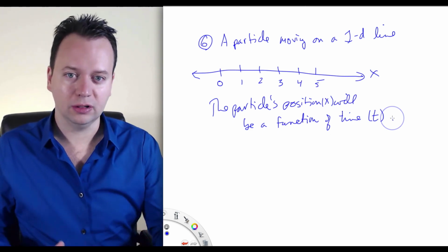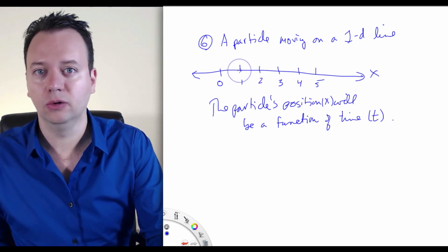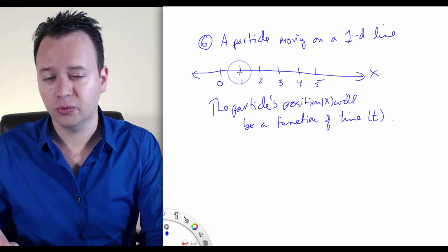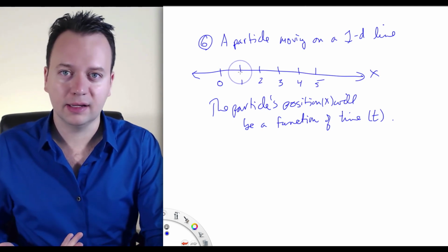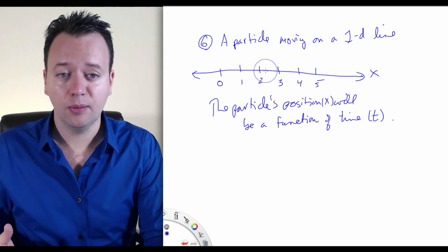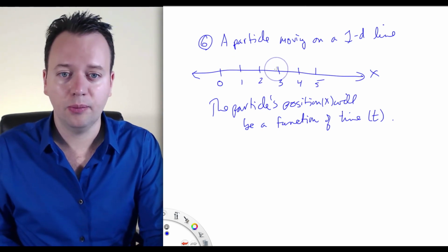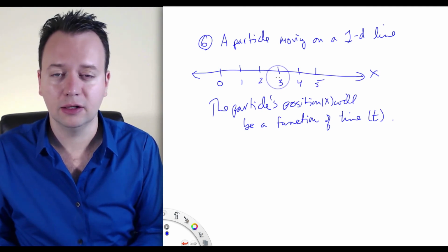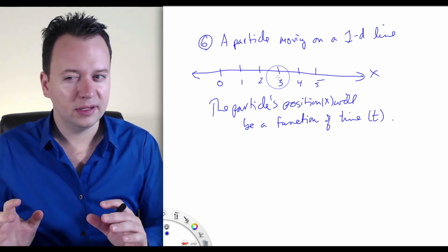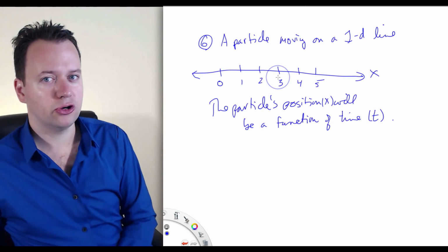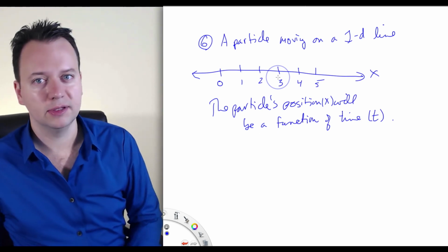At 12 o'clock, the particle was at x is equal to 1. So in this case, x equals 1 is the output, 12 o'clock is the input. At 12:01, the particle was over here at x is equal to 4. At 12:02, the particle was moved back to x is equal to 3, and so forth. We'll be discussing this example of particle motion in a line in more detail in subsequent sections.